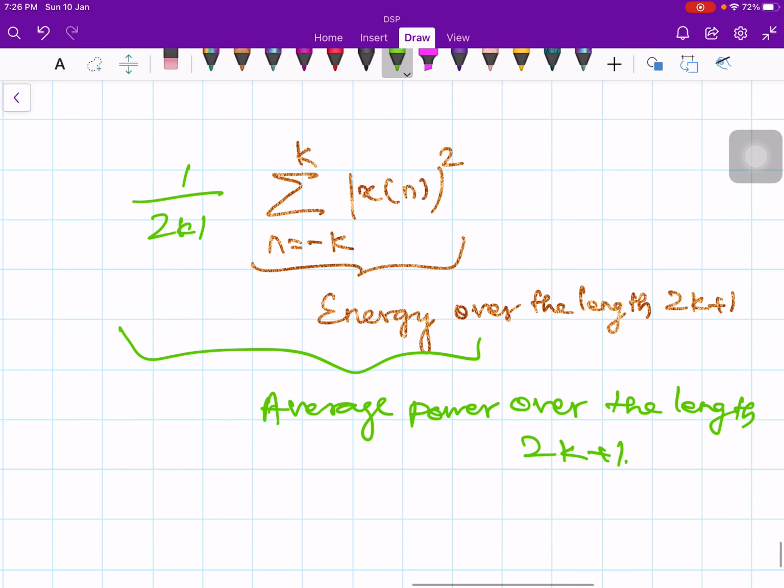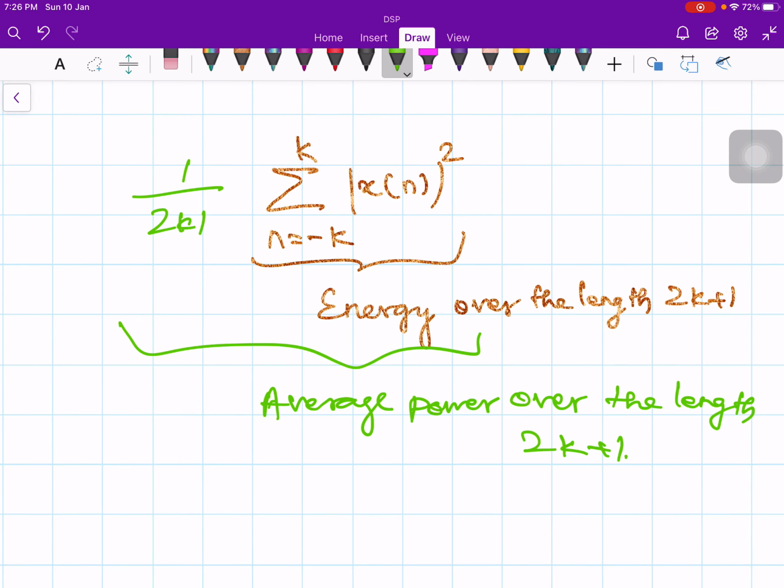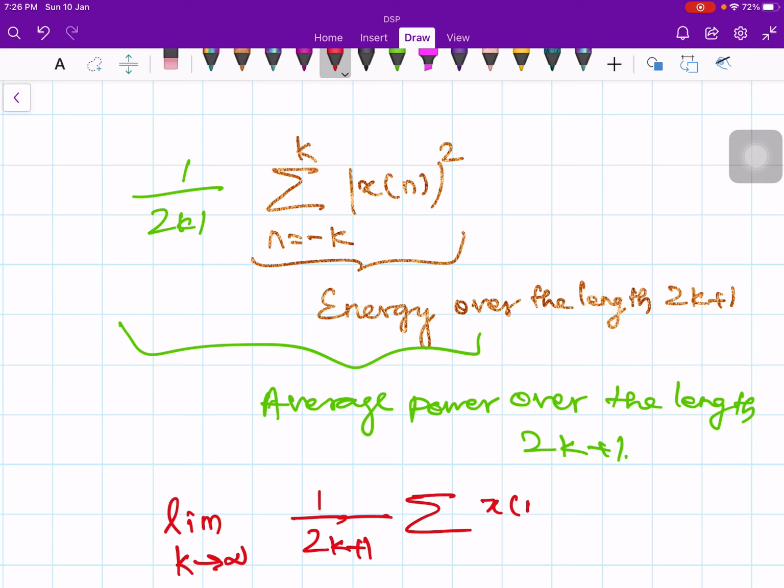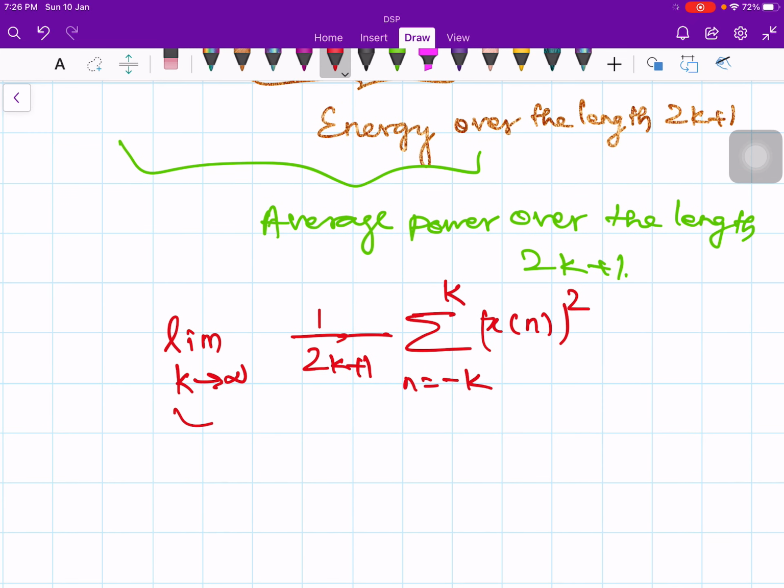So what we do is we allow capital K to go to infinity. Then we have covered the total signal, that is total length of the signal. So you allow this K to go to infinity, of 1 over 2K plus 1, then sum them up, modulus squared of x of n, where n is equal to minus K to plus K. So this one defines average power.